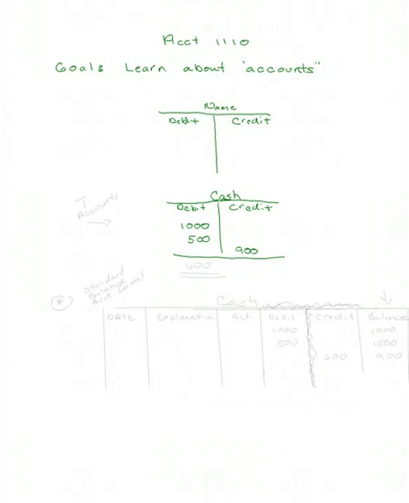The way to balance an account is to add up the debit side, we have $1,500 in debits, and add up the credit side, we have $900 in credits, and subtract one from the other. Since our debits are bigger, we know the account is going to have a debit balance. 1,500 minus 900 is 600. This account has a $600 debit balance.